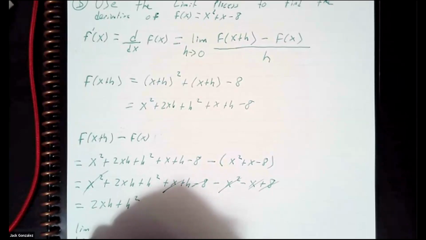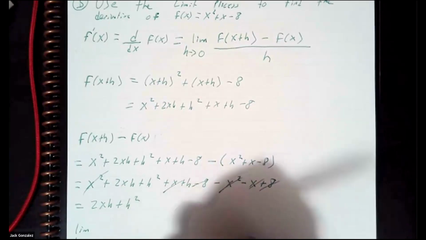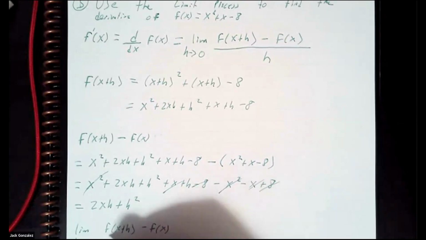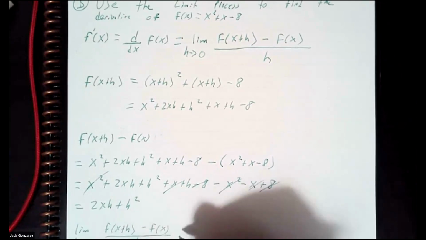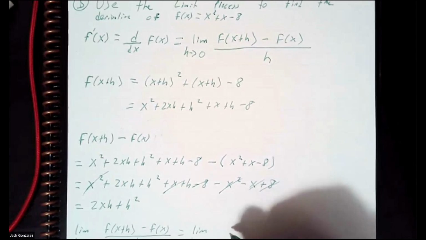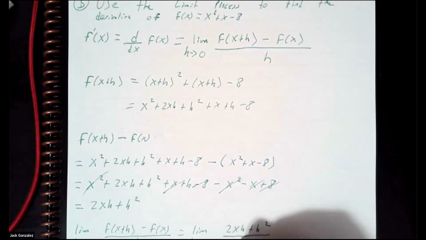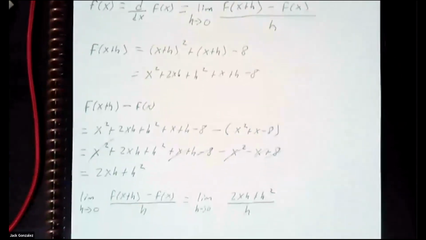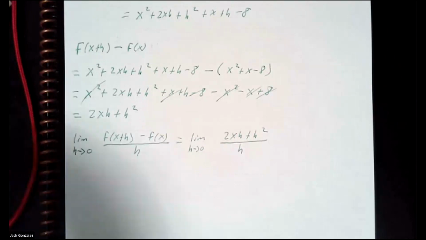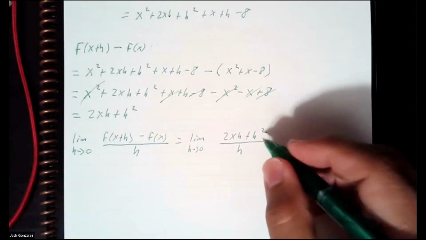The limit as h goes to 0 of f of x plus h minus f of x over h is equal to the limit as h goes to 0 of 2xh plus h squared over h. Then you see how the h's will reduce, right?